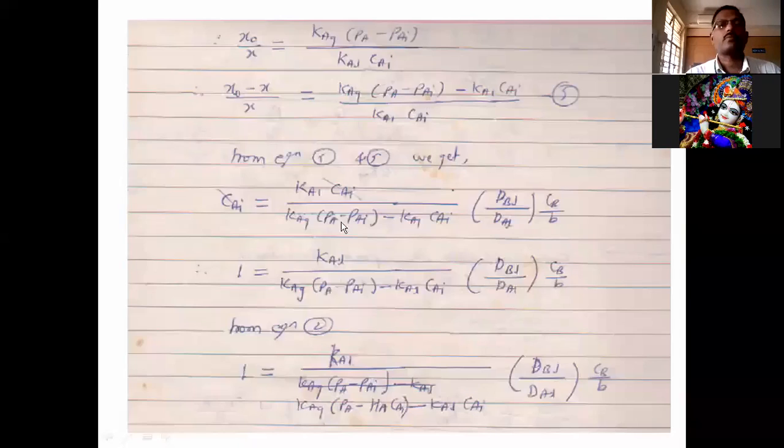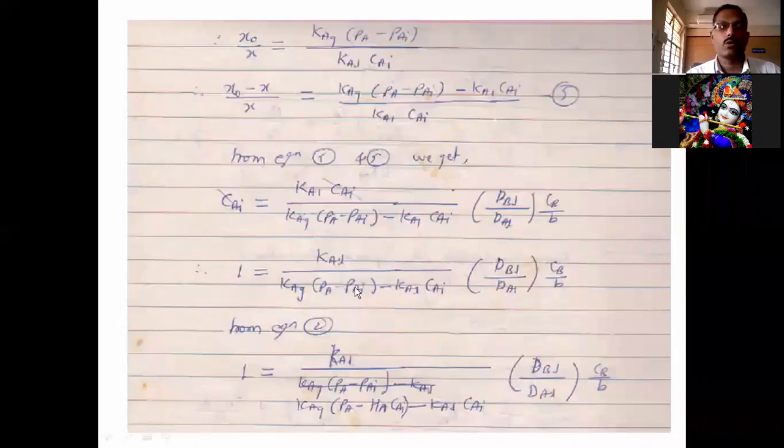So we take the inverse of this equation: K_L into C_AI upon K_G into P_A minus P_AI minus K_L into C_AI, into D_BL upon D_L into C_B upon B. So C_AI cancels here. Solving this equation, we obtain again the C_AI, which you calculate.